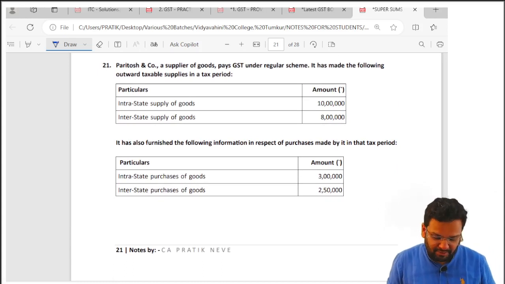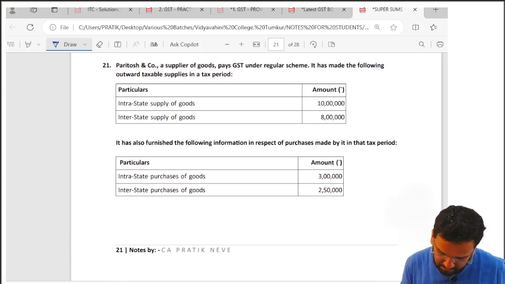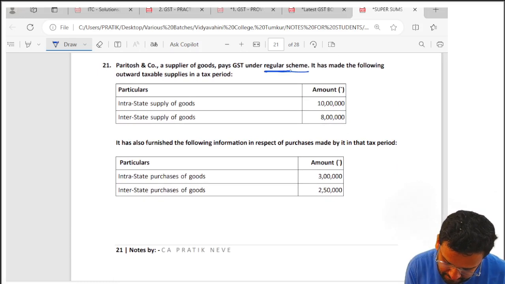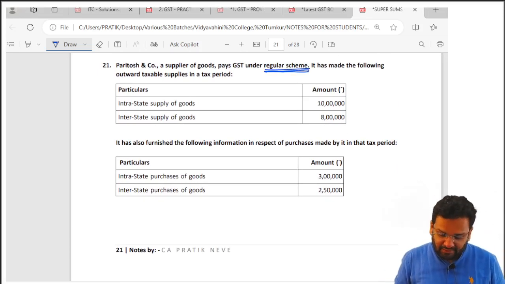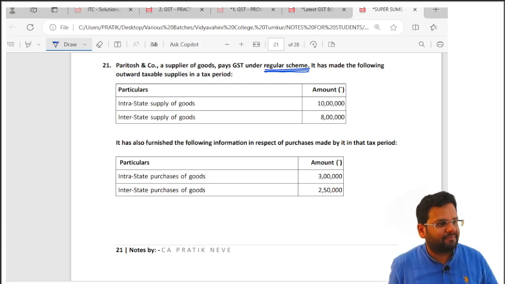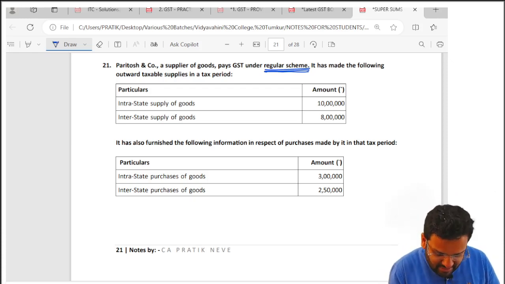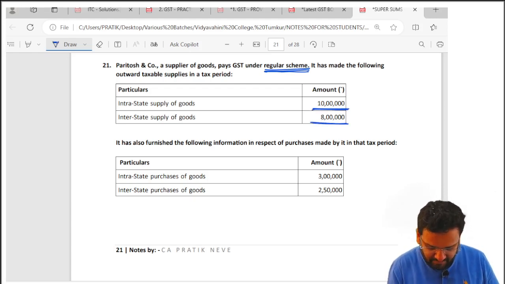Paritosh and company, a supplier of goods, pays GST under the regular scheme. It has made the following outward taxable supplies in a tax period. Intrastate supply is 10 lakh. Interstate supply is 8 lakh.